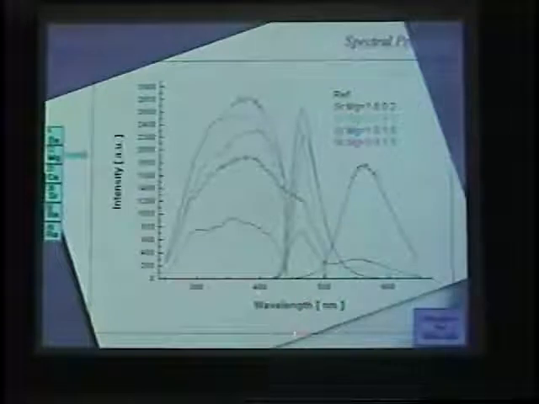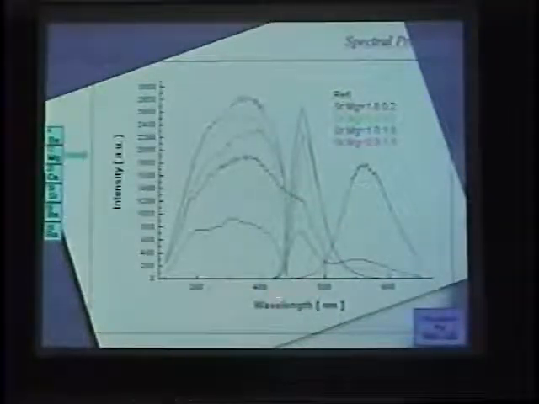I believe that if we do a little more work on morphology and particle size, it can be used as a phosphor for 450 nanometer UV LED applications. Of course, we have to find the green and the red, but up to now we have a nice blue phosphor.